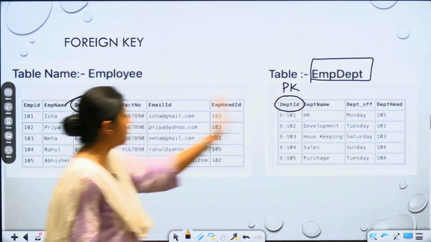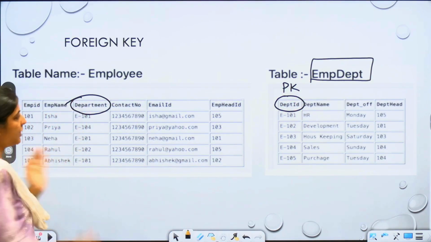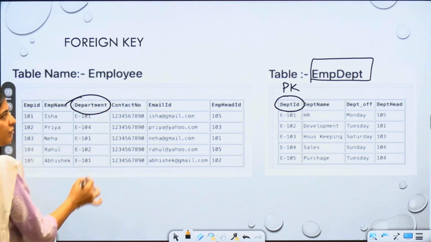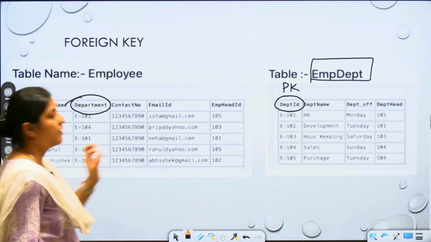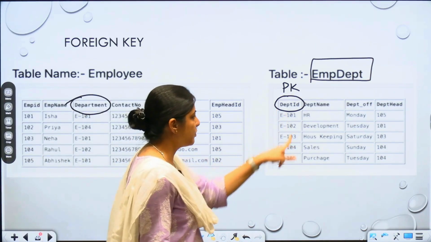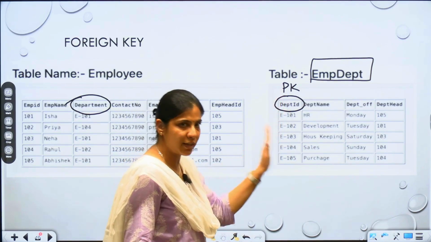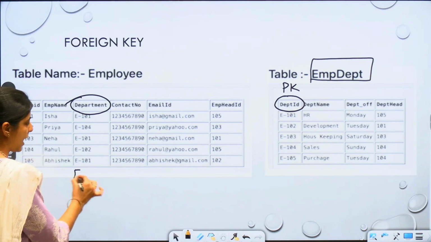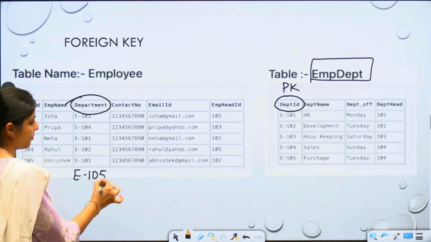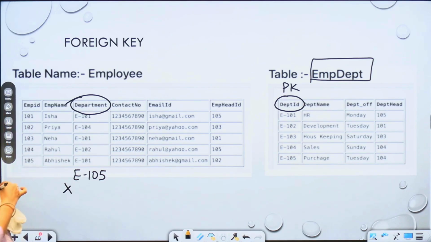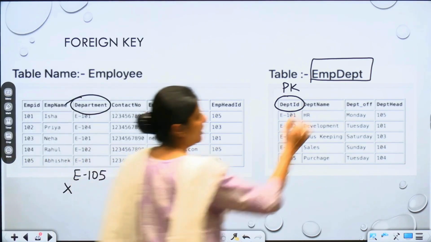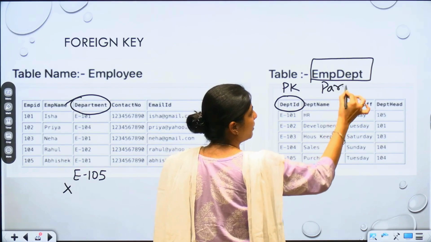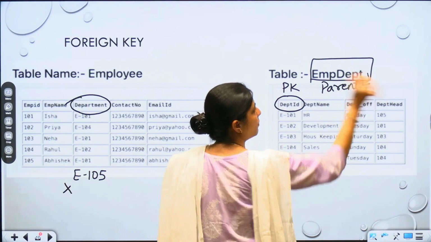Now this can be used here as a normal attribute when we are talking about the employee table. The condition is that the values which exist here can only be used here. If I want to add E105, it will not allow me to add because it does not exist in the parent table, that is, employee department.